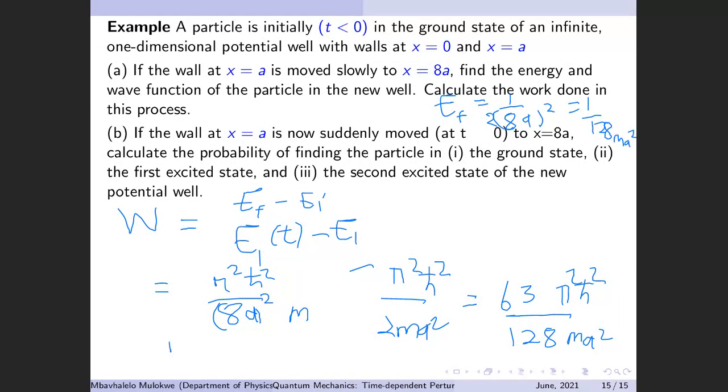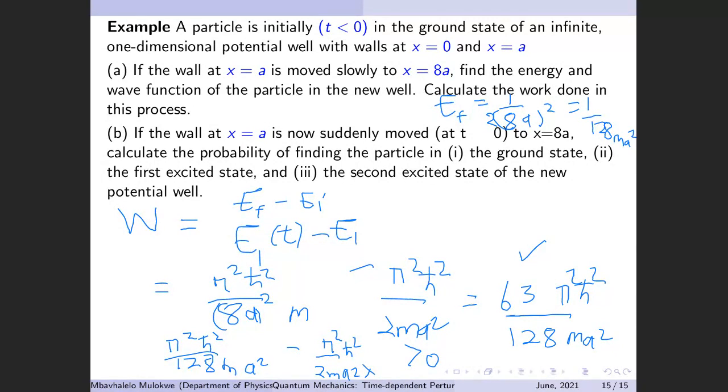So this gives me pi squared h bar squared over 128 m a squared. Then I subtract pi squared h bar squared over 2 m a squared. To me it looks correct, just a positive number. But I'll check, because I think when I did it I got plus 63.